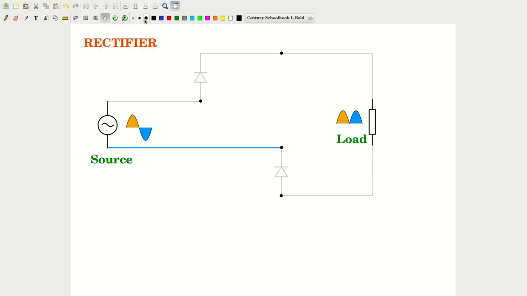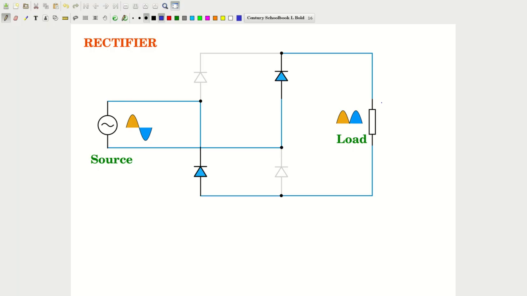So you will see that during the negative half, the flow of current will be in this direction and again entering here at the same point terminal through the load resistor and then comes back to the source.